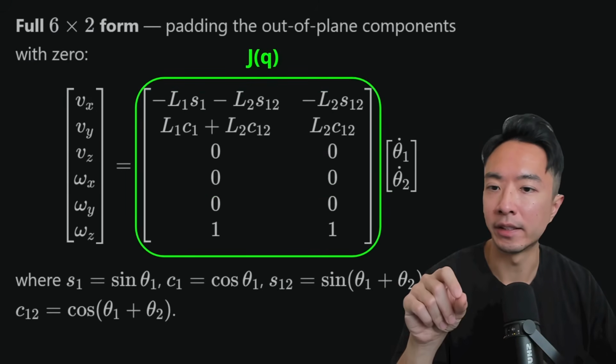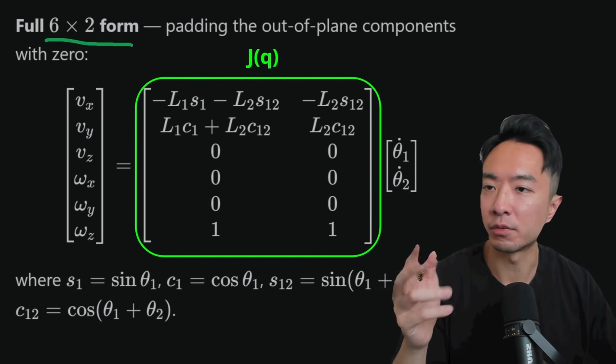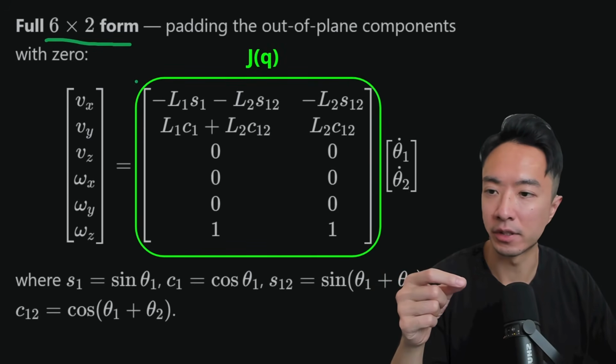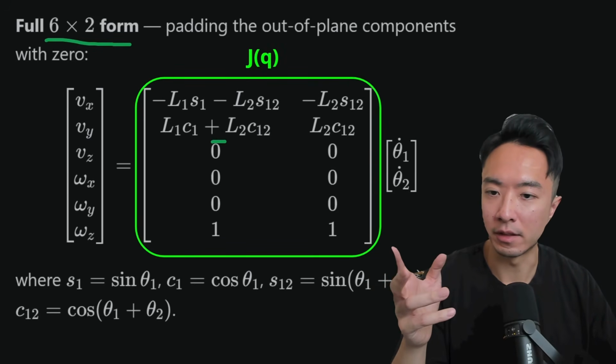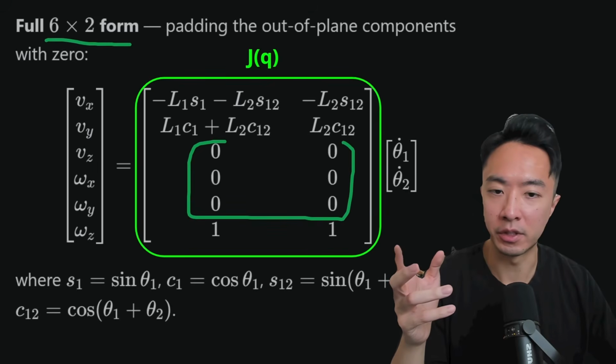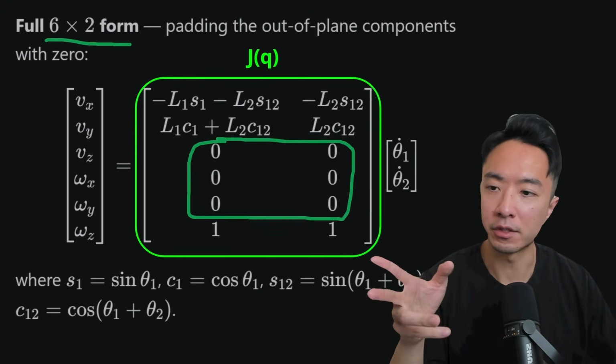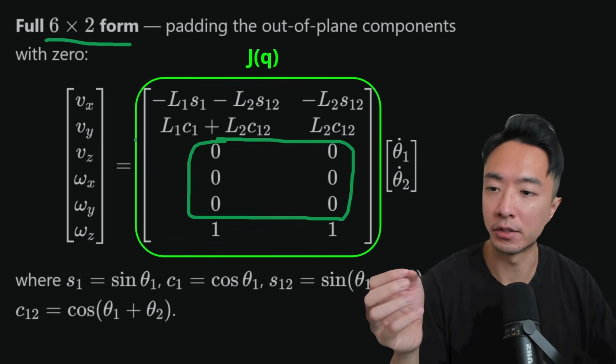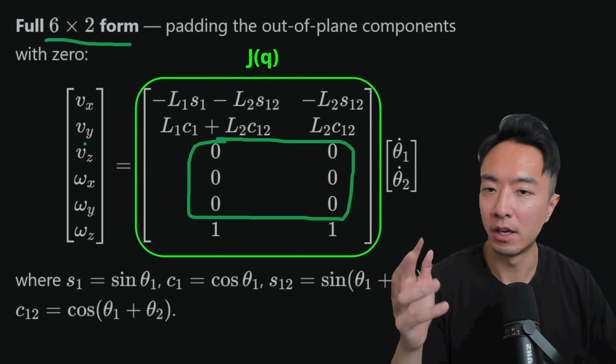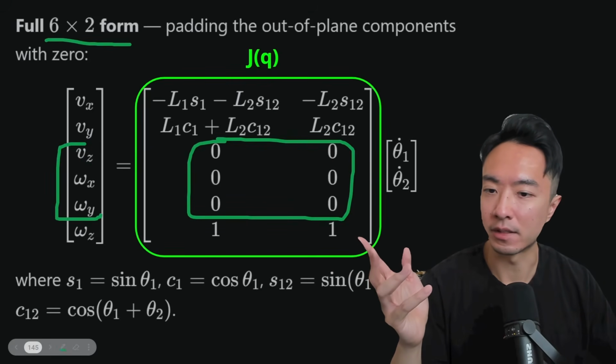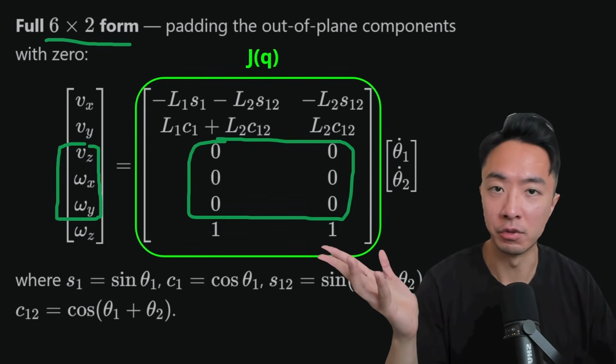Now we can also write it in a more general form, which is right here, a 6x2 matrix. So obviously these parts are not contributing to anything. That's why we see the zeros there. And when you multiply it out, you'll see that some of these components will not do anything, which is basically these 3 is useless right here, right?